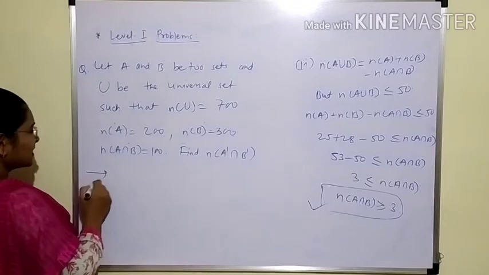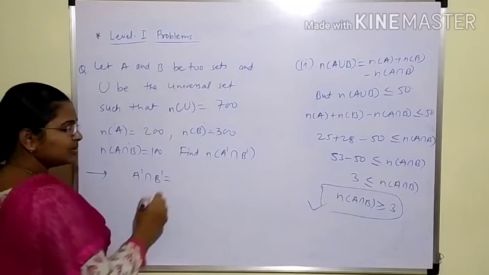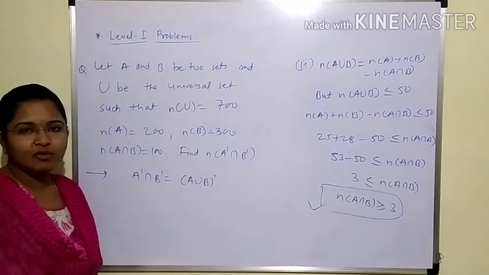Now students, we know that A complement intersection with B complement is equal to the complement of A union B. We have seen De Morgan's law.